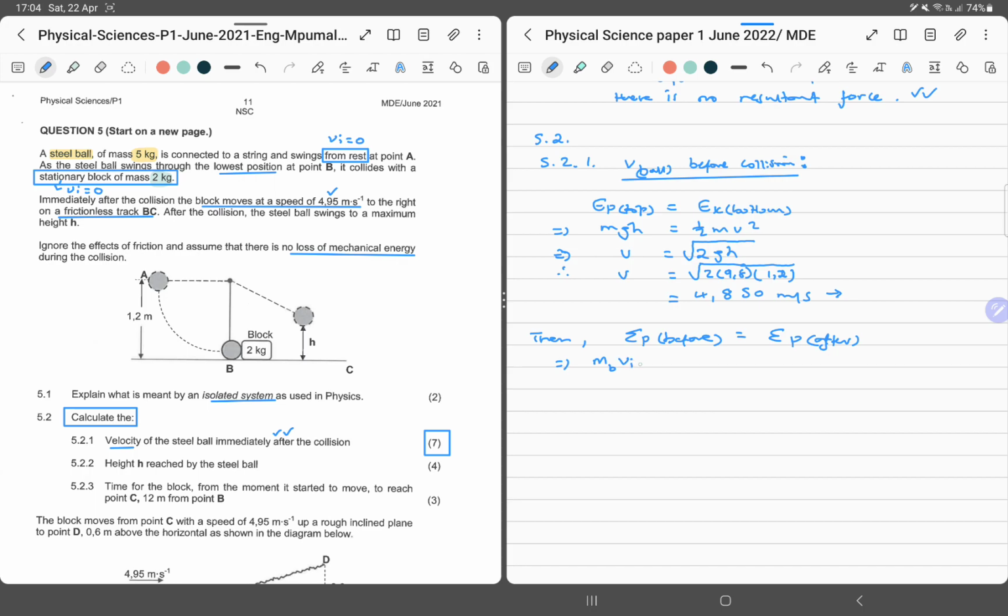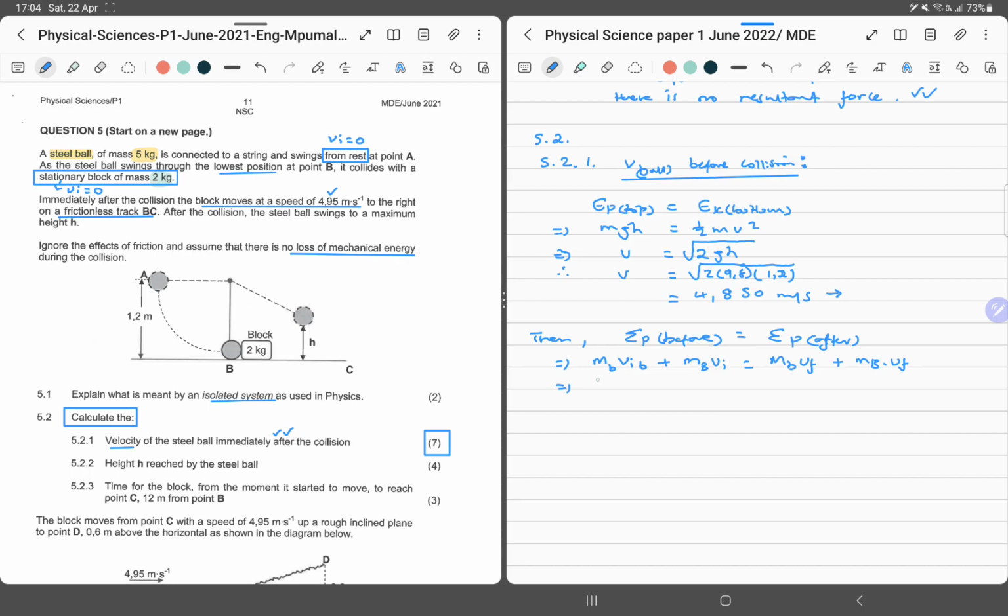And then the initial velocity of the ball plus the mass of the block, we can use capital letter B, times the initial velocity is going to be equal to MB and its final velocity plus the mass of the block and its final velocity.